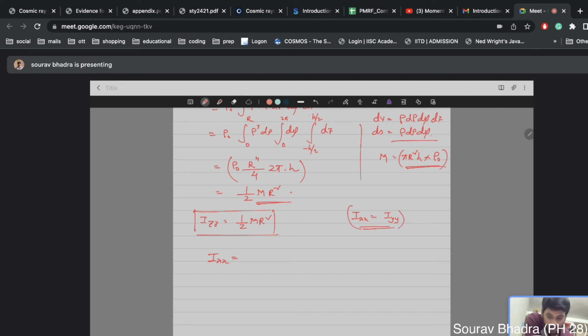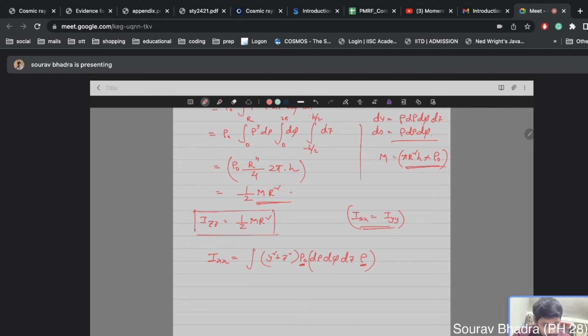So if you calculate Ixx, the result will be the same as Iyy. It will be the integral of y squared plus z squared, rho 0, rho d rho d phi dz. This rho is the density and this rho is the radius vector, so don't confuse between these two.